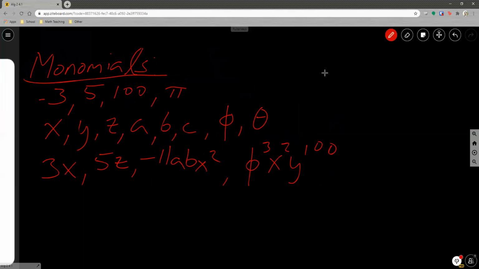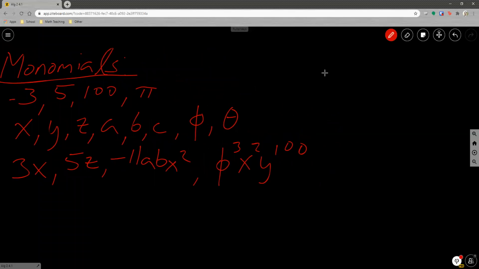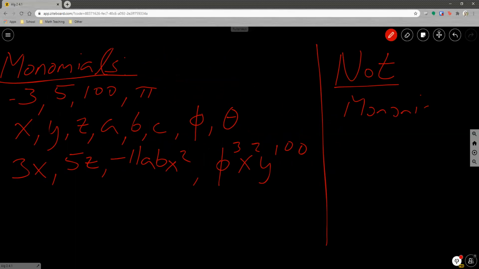So now that we've talked about monomials, we should probably also talk about things that are not monomials. Excuse the bad handwriting. Things that are not monomials are exponents that have powers that are not positive integers.